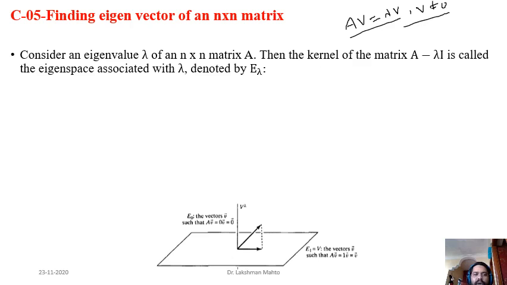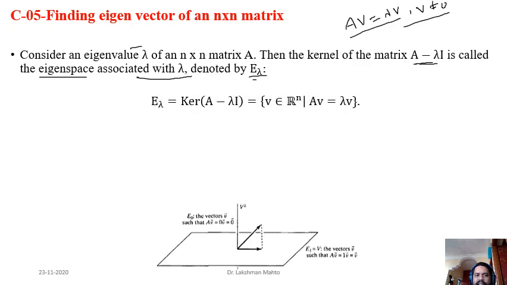Suppose lambda 1 is an eigenvalue of a matrix, then how can you find the eigenvector? Finding an eigenvector is equivalent to finding the kernel or null space of A minus lambda I. We give it an associated name with respect to this eigenvalue: we call it the eigenspace associated with eigenvalue lambda, and we denote it by E lambda.